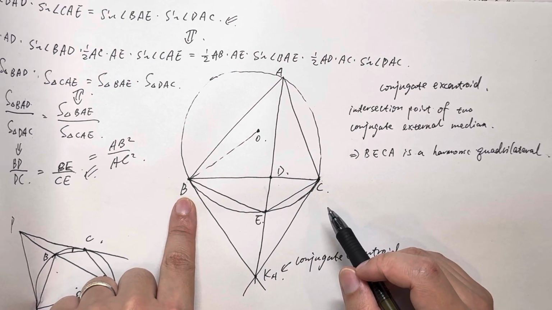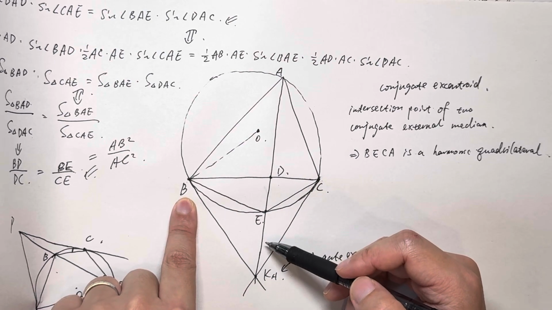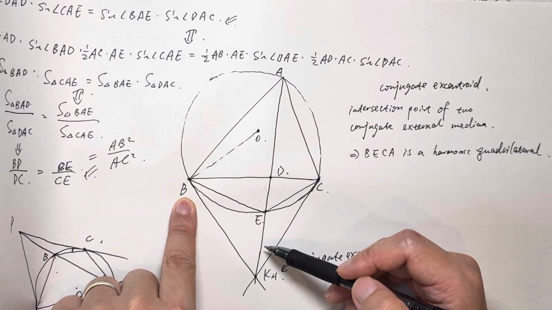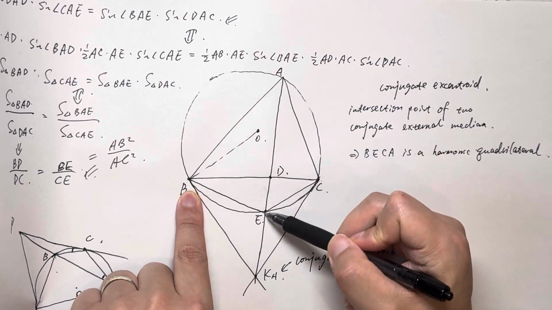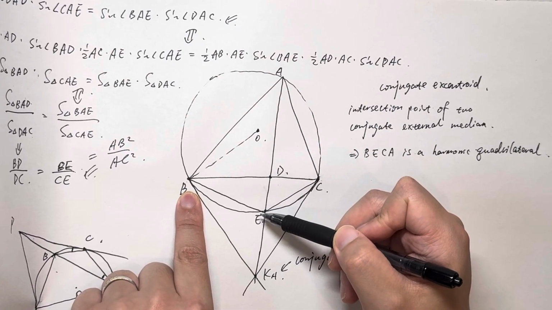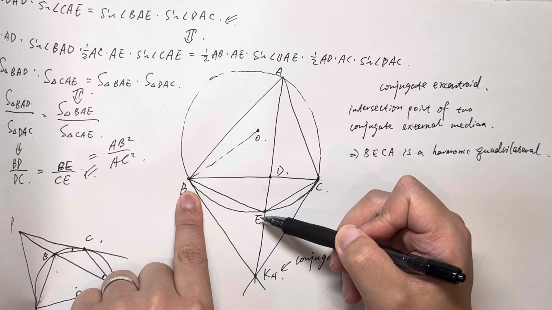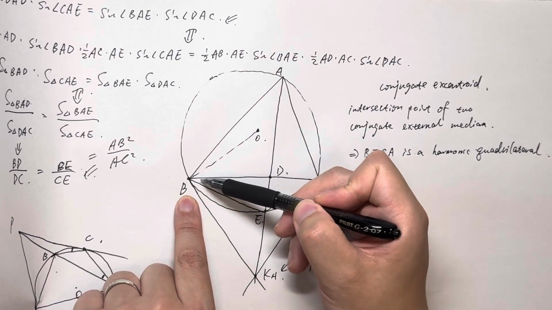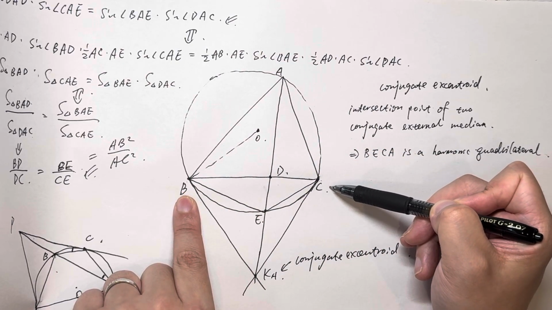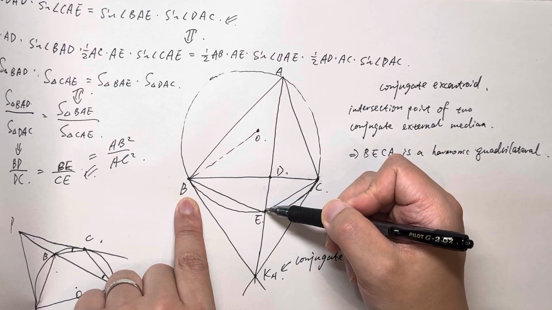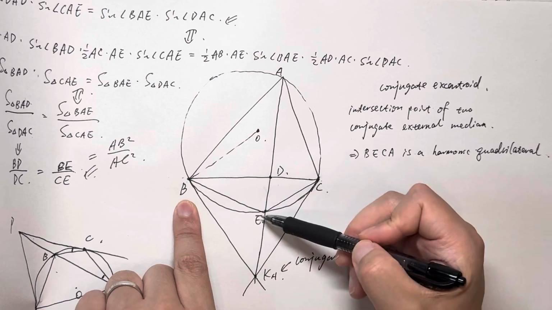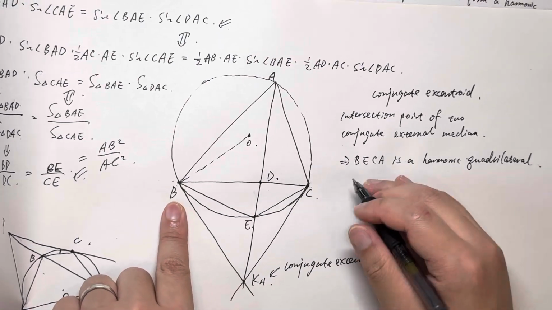Actually, let me say it this way: the diagonal would be the conjugate median of the triangles that are split by another diagonal. It seems that the diagonal AE is a conjugate median of the triangles split by the other diagonal BC. This means the diagonal AE is a conjugate median of the triangle ABC and the triangle BCE, which is very easy to prove.